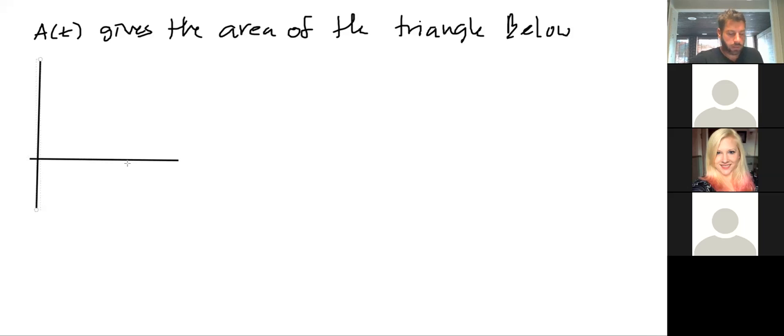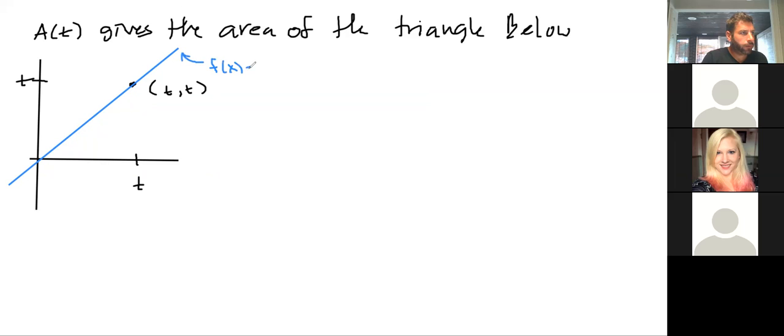Let's assume that t is some positive number. And of course, then this would be height t, and this is the point t comma t. And if I draw the line y equals x, that's what this is, or f of x equals x.